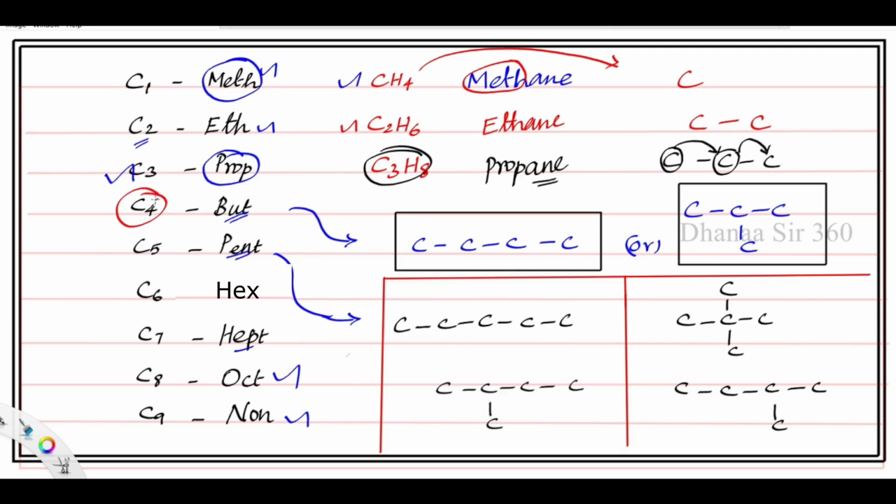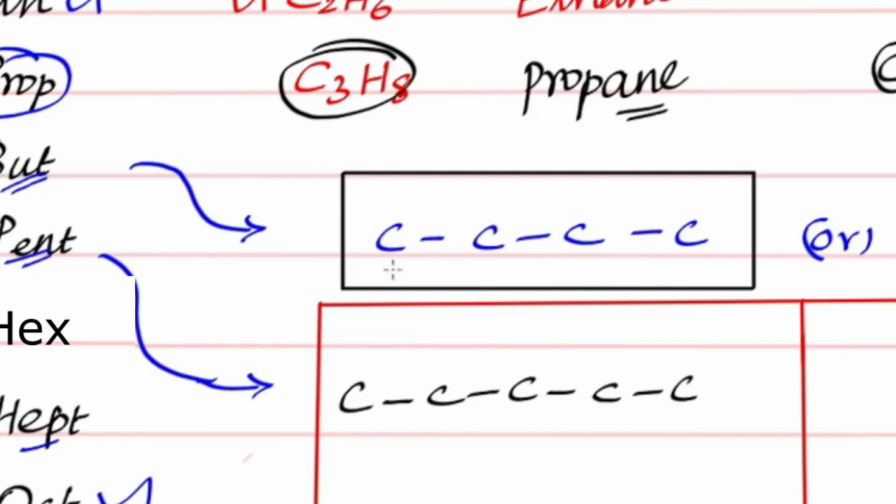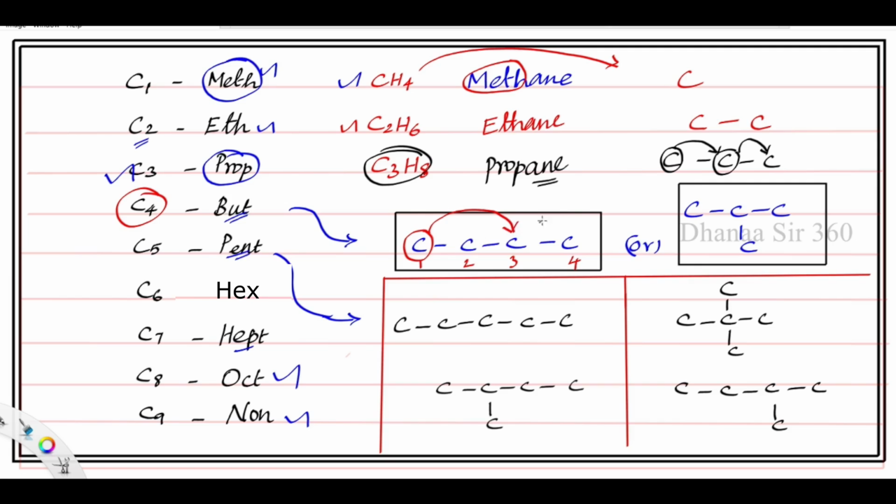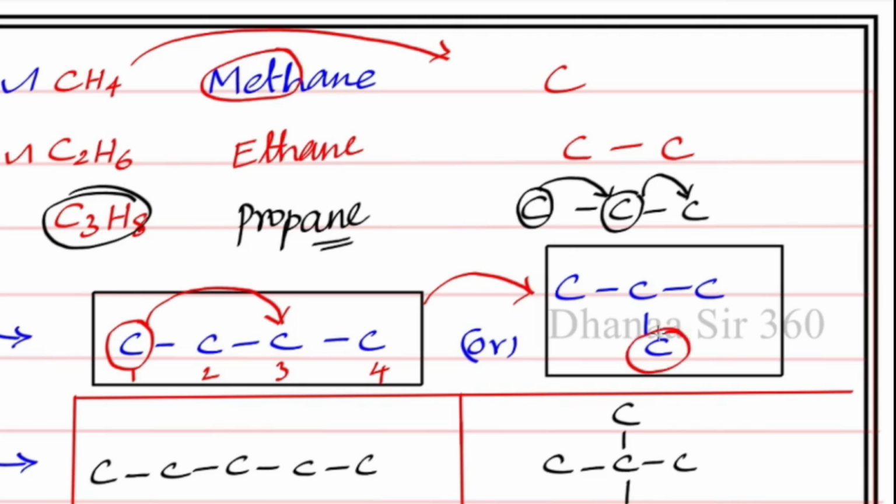Next we move to C4, the compound containing 4 carbons. See the black box, we number the carbons 1, 2, 3, 4. If I shift the first carbon to the third carbon, then we get another structure. See that second box.